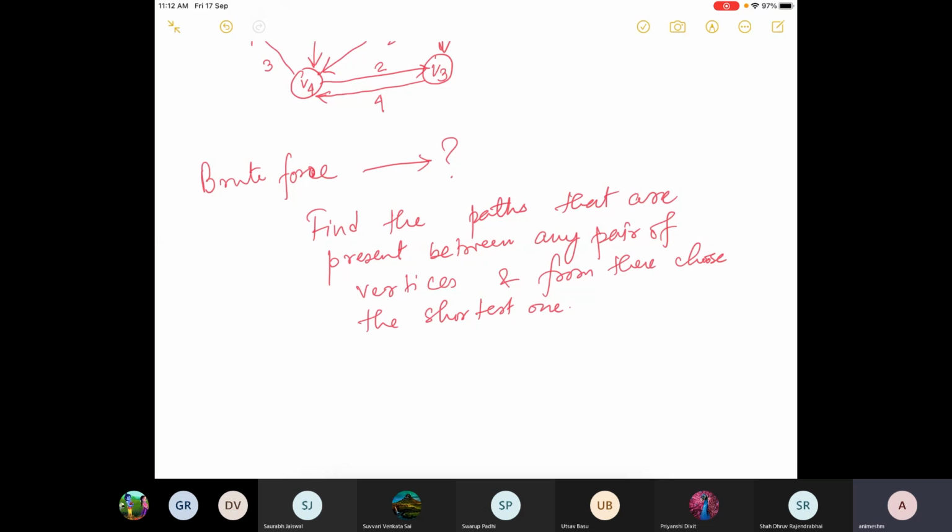So this would be a brute force algorithm.